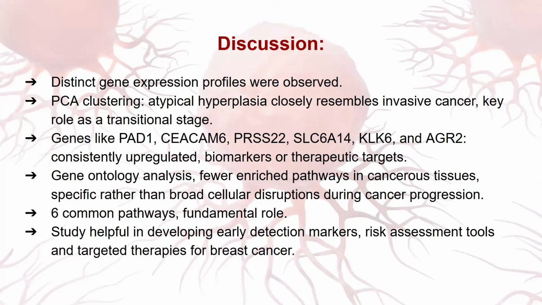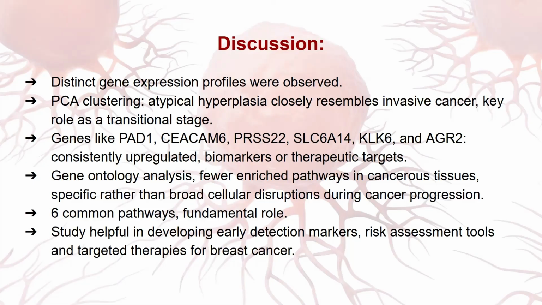There are certain genes like CEACAM6, AGR2, SLC6A14 that stand out as biomarkers, which means that these genes play a highly significant role. When upregulated, these genes can cause cancer, and in this way they can also be used as biomarkers or therapeutic targets. By targeting these genes, we can suppress the invading cancer.